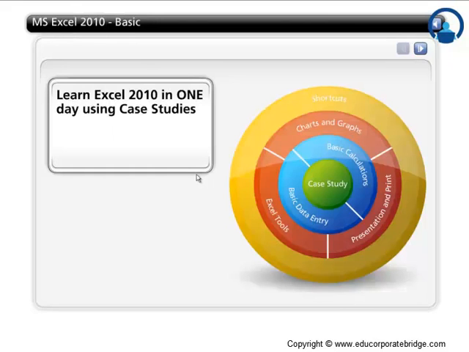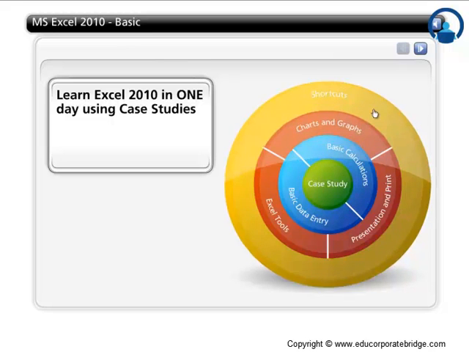MS Excel 2010 Basic. This program is all about learning Excel in one single day. For doing that, we'll apply a very structured approach. We'll take a first case study, which will be the common case study across all the things that we learn.